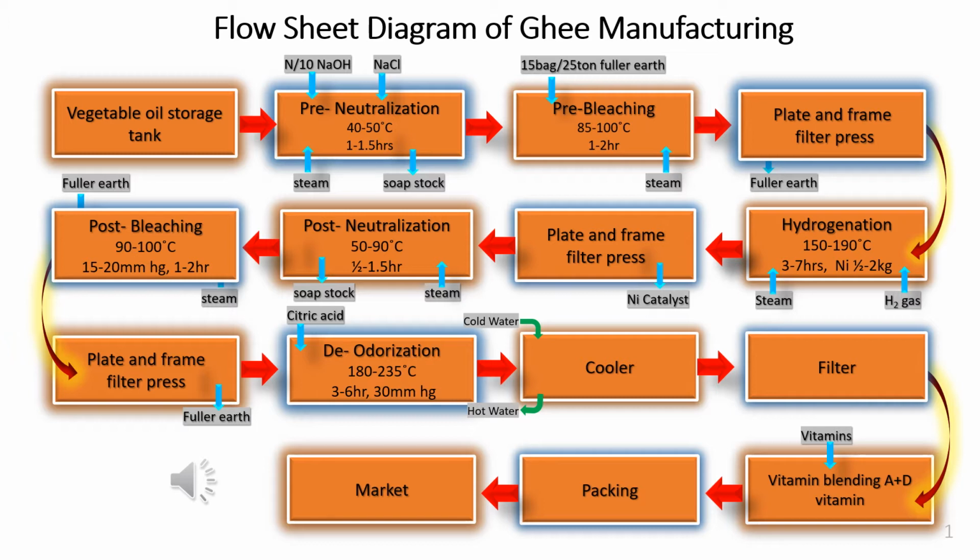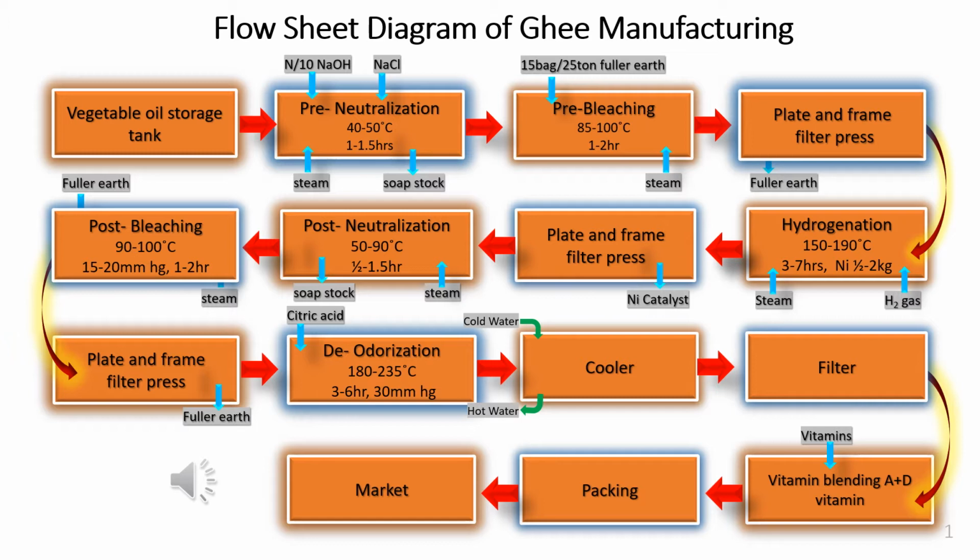After pre-neutralization of oil, it moves towards the post-bleaching. After post-bleaching, it goes towards the plate and frame filter press. After plate and frame filter press, it goes towards the hydrogenation section.